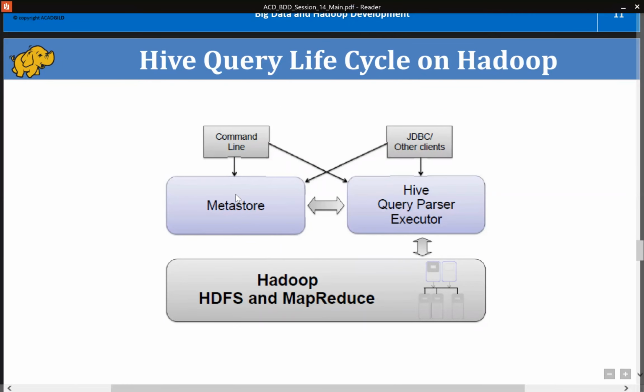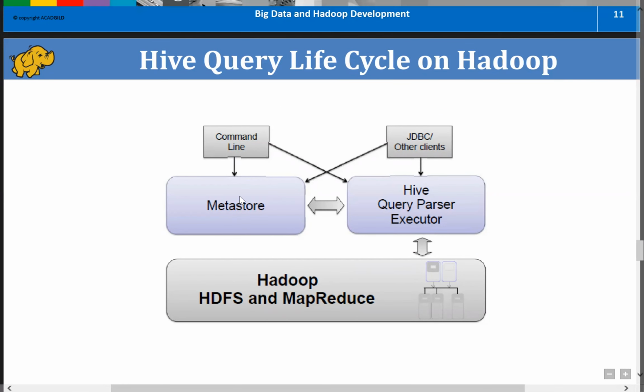It picks up the Metastore data, which is all the configuration and data about Hive. Once you pass the information for processing, it's processed by the Hive Query Parser Executor, which goes and hits the actual database, HDFS, the Hadoop Distributed File System, and then brings back the result.